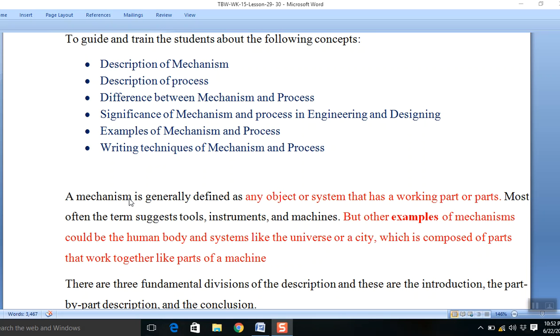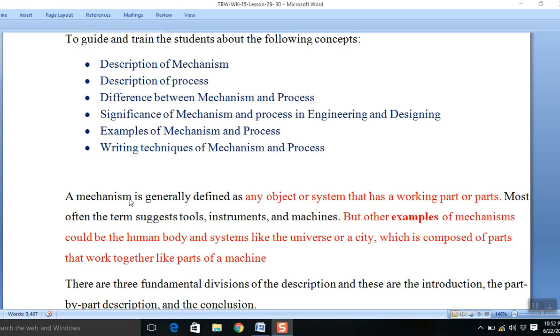That is called a machine. Clear? Machines are of many types. There are simple machines, there are complex machines, fine, and the concept of machine also exists within us.